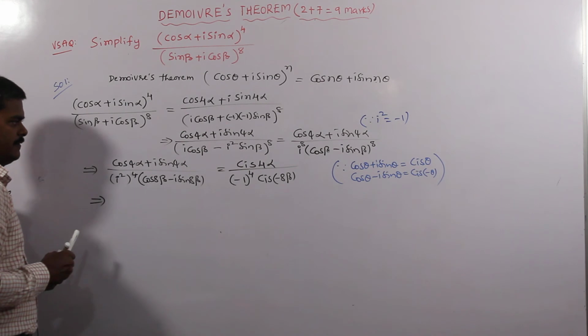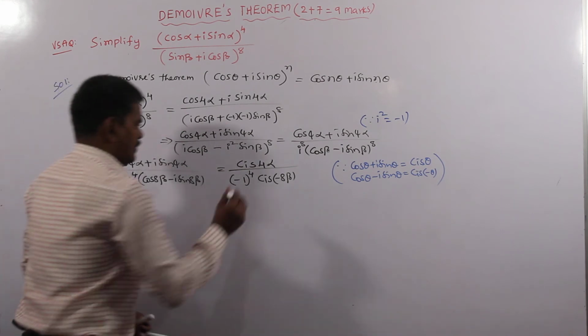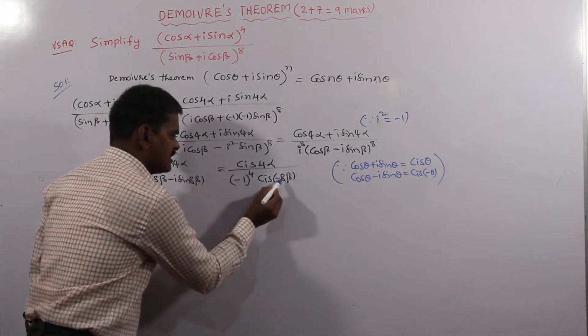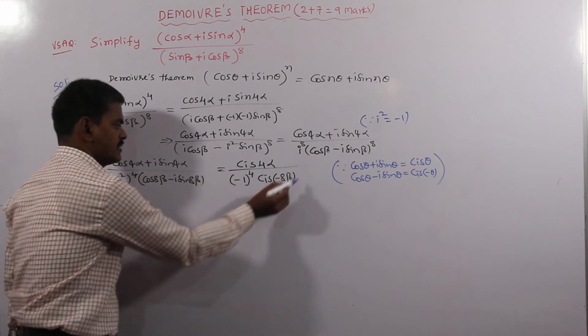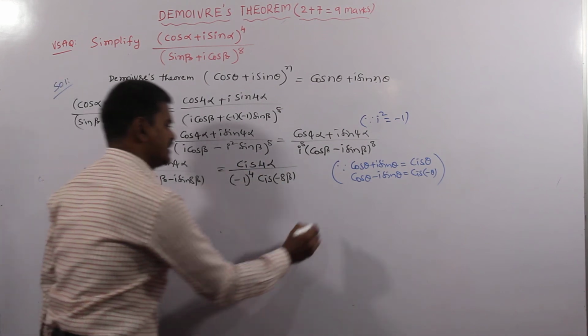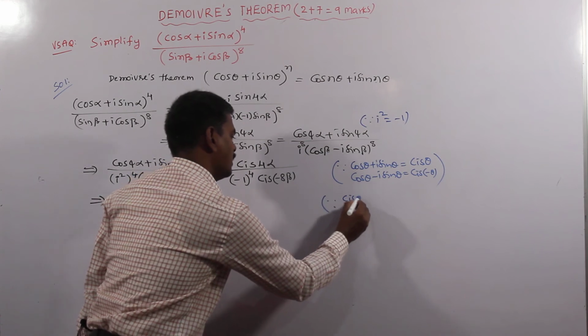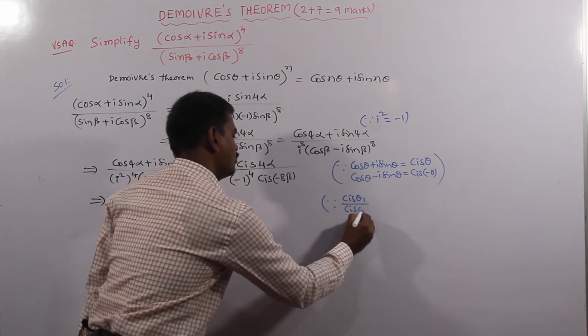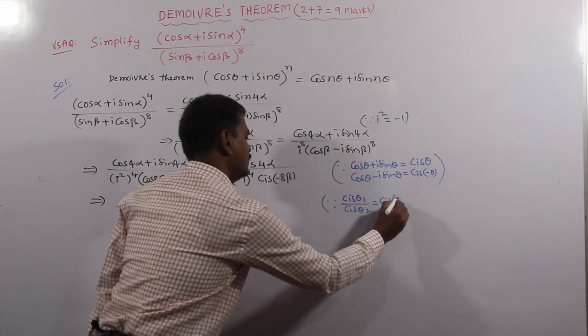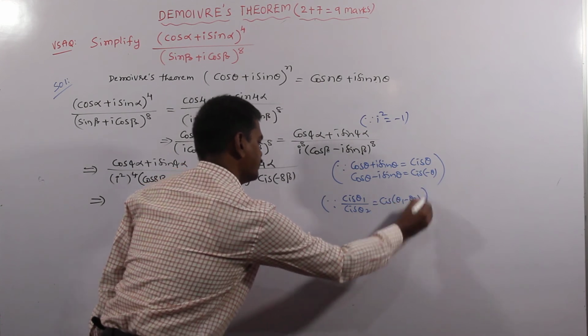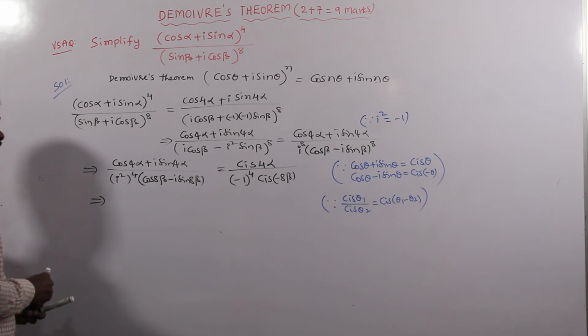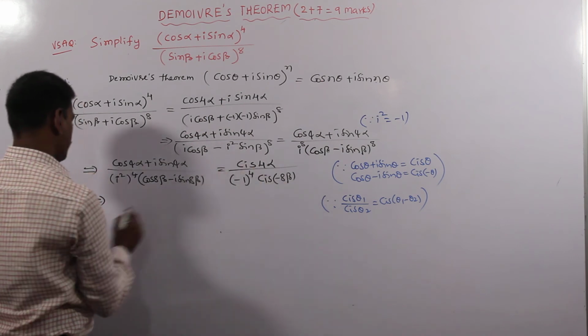Okay, now let's remind the formulas. This expression looks like cis theta 1 by cis theta 2. Let's remind the formula: cis theta 1 by cis theta 2 is cis of theta 1 minus theta 2. Use that formula.